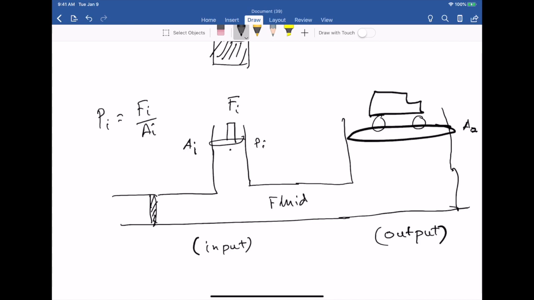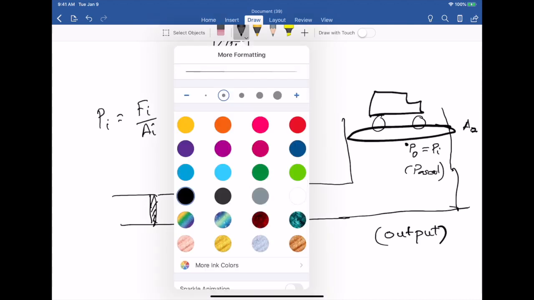So that means a point over here just underneath the output piston is going to feel exactly the same pressure. So PO, the pressure at the output side, would be exactly equal to PI as a result of Pascal. Okay, what is the force going to be on the output side? What force is acting on the output side?